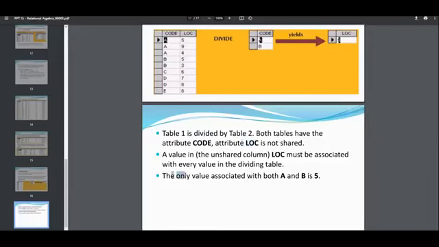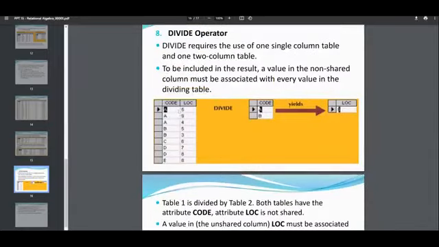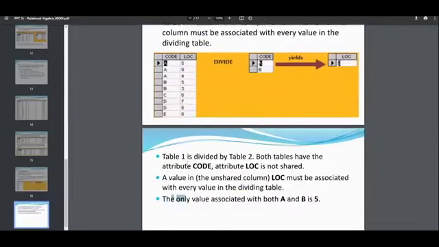The only value associated with both A and B is 5. The only associated value is 5. That's why 5 is represented as the result.